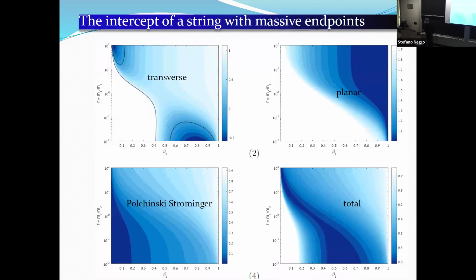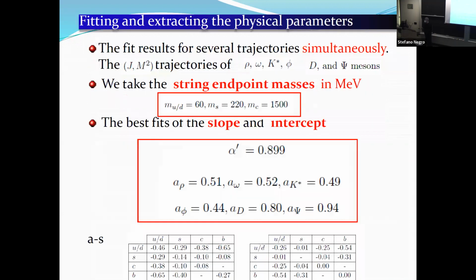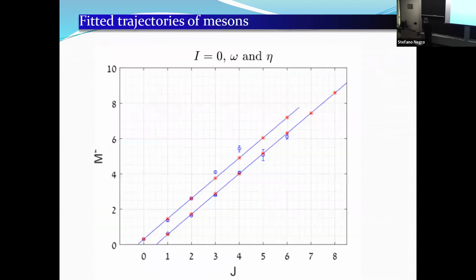But what we extract from the data is one intercept for a trajectory. And what I don't understand is that now you have two parameters. You have the masses at the end of the string, and then the intercept. That's right, but the intercept is a function of the masses. Right, so once you fix the masses, you have the intercept.